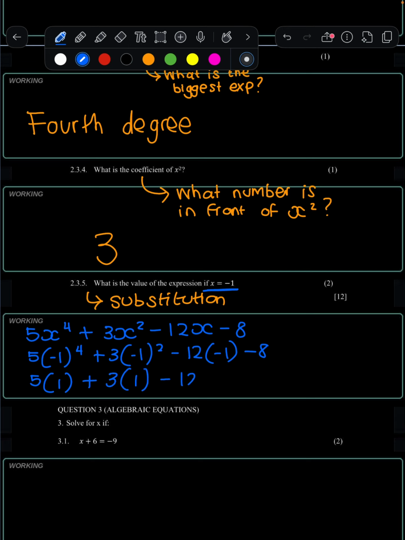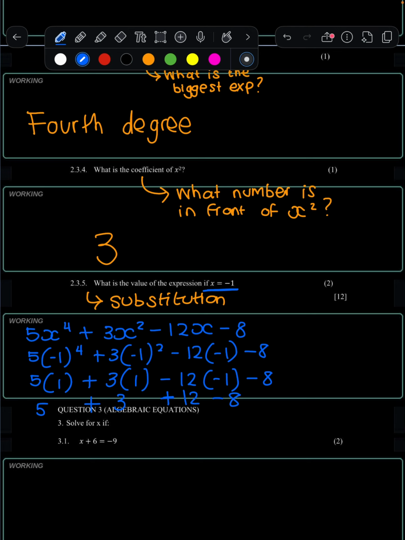Minus 12 times minus 1, minus 8. So 5 times 1 is just 5. 3 times 1 is just 3. Minus 12 times minus 1 makes positive 12. Minus 8.